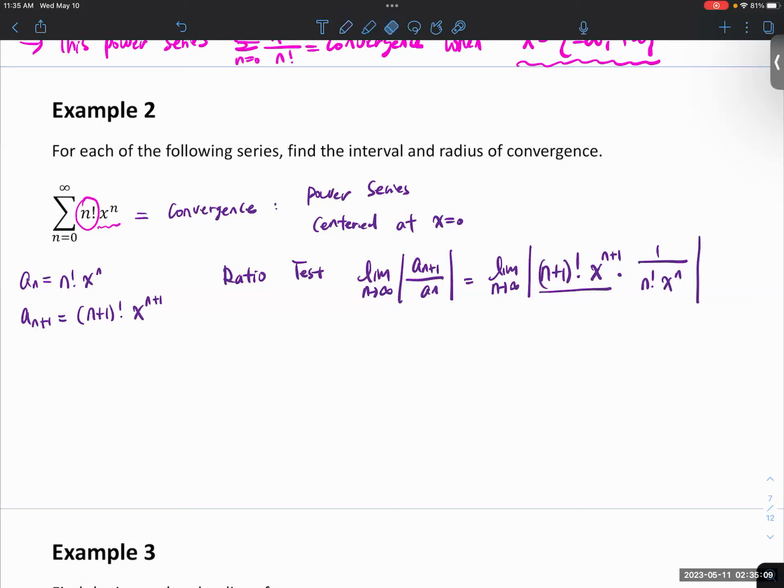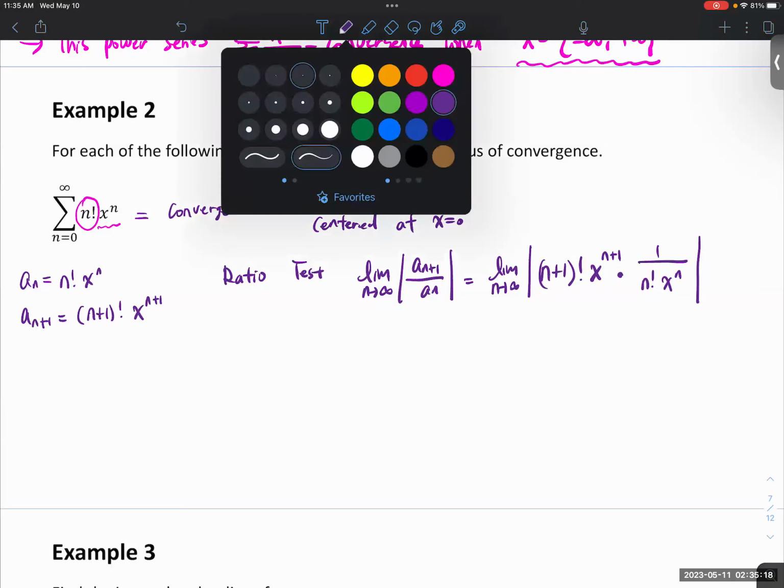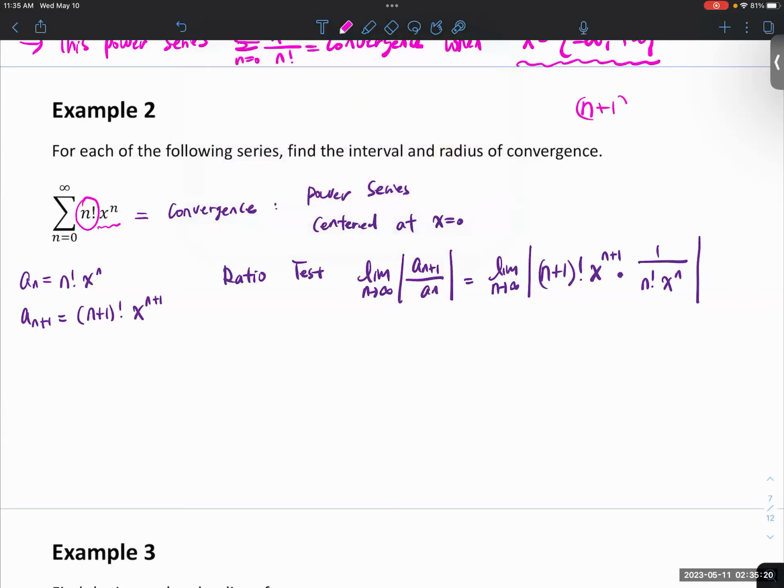Correct? Now we know the fact that (n+1) factorial is (n+1) times n factorial.